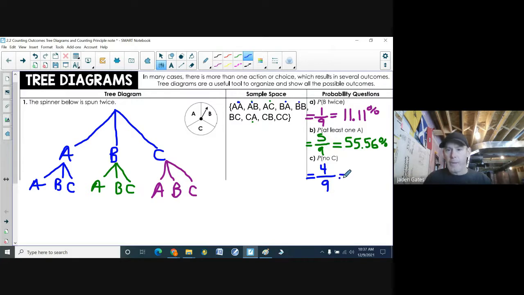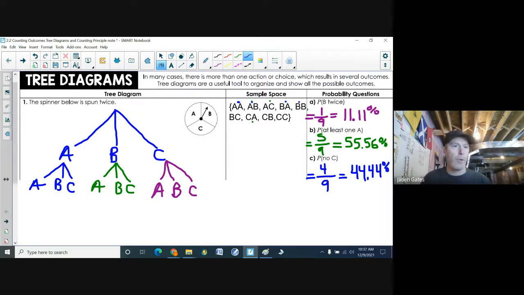And again, as a percentage, 4 divided by 9 times 100%, and this time I get 44.44%. And there we go. So again, drawing a tree diagram helps me sort out what is possible, and then it allows me to easily do my sample space and then figure out my probabilities.